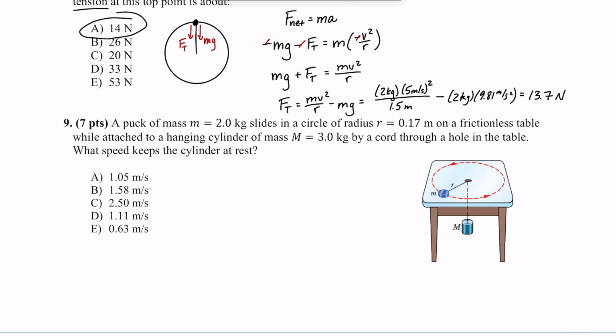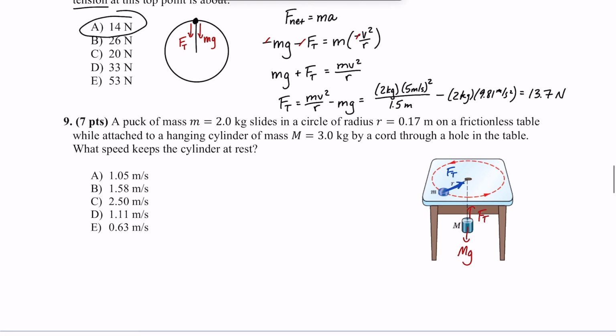For the cylinder, we have a force of gravity pointing down and a tension force pointing upwards. And for the hockey puck, I'm only interested in horizontal forces. So there's a tension force here, and the two tension forces, because they're on the same string and there's no massive pulleys or anything, will be the same for each of the objects.